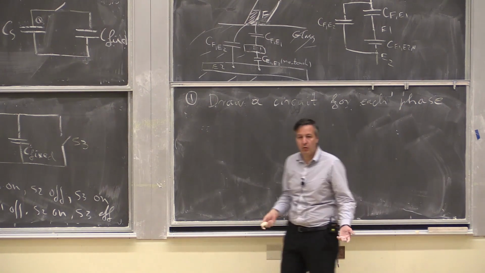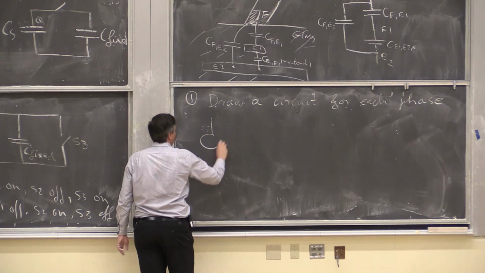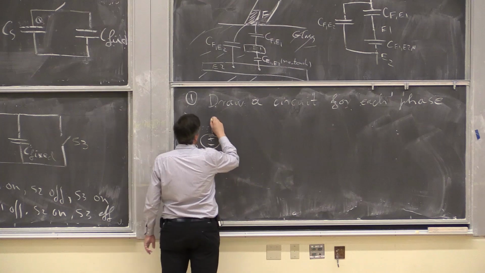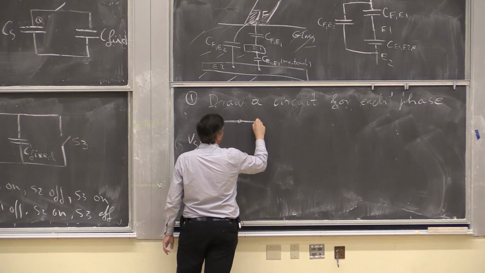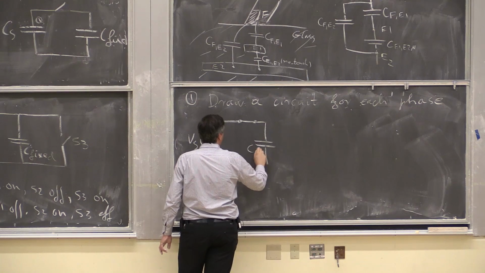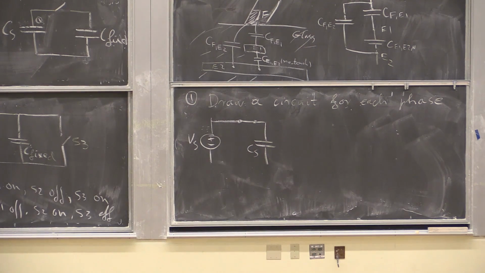Right, so let's do phase 1. By the way, these two nodes are E1 and E2, right? People get that.